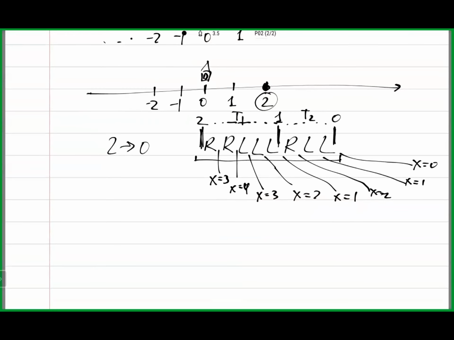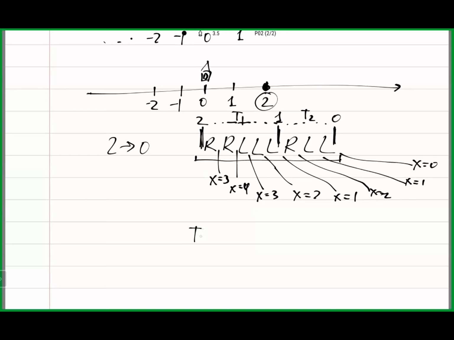And they're independent. If it took you a very long time to get from 2 to 1, it doesn't influence your future, because Winnie wanders randomly to the left, to the right, independently of the past.